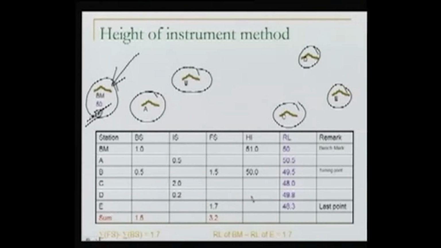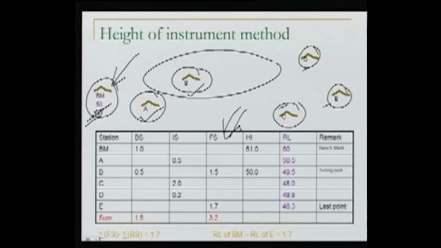The units here are in meter, for example, and our job is to determine the RL of A, B, C, D, and E. So how actually we should do this exercise? While I am going through this exercise here, please don't bother about this table right now. While we explain the exercise, we will come back to the table also.